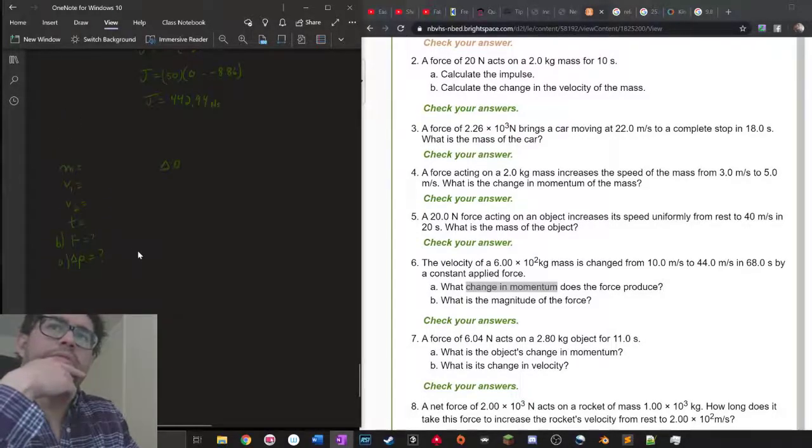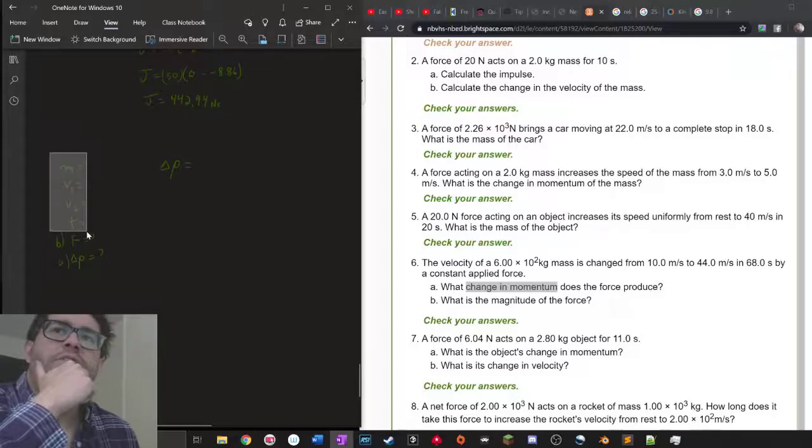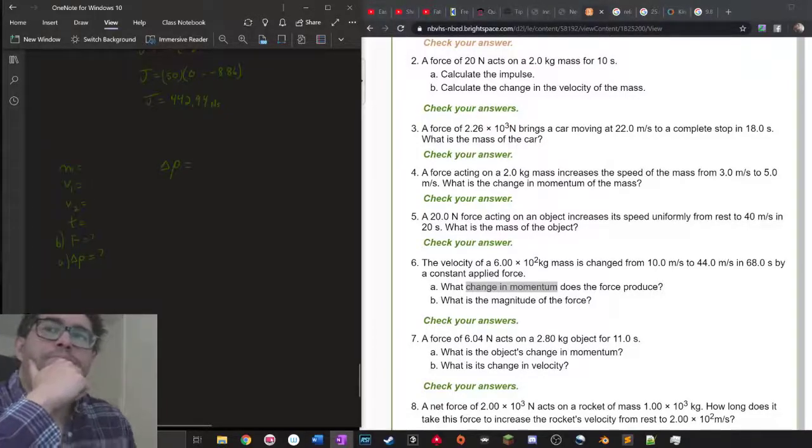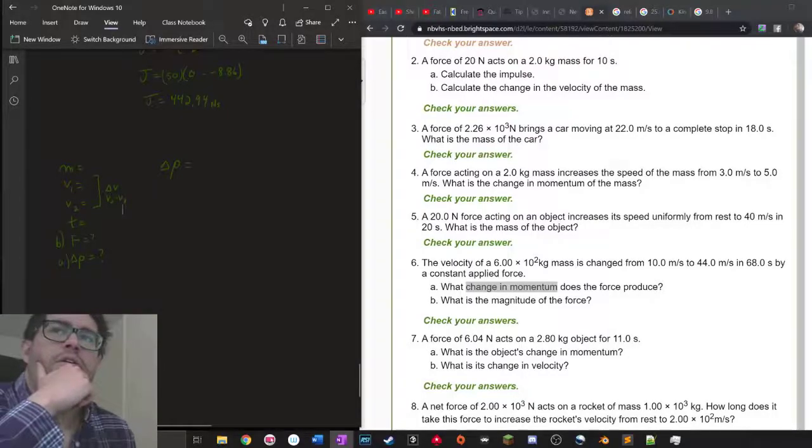Need something with this. Let's take a quick look at the, we have M, we have delta V, because from this here, you can just build delta V in your formula. And we have a T, and we're hoping to have an F. But don't worry, it's all there.